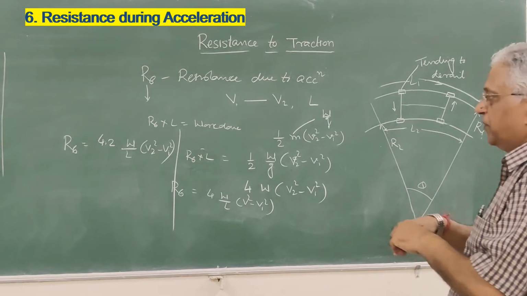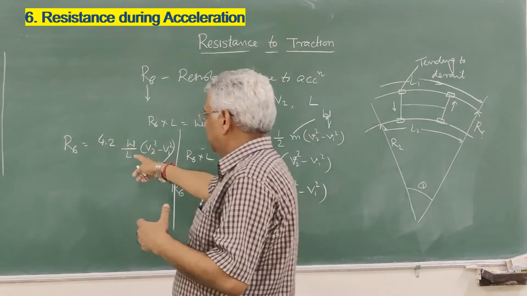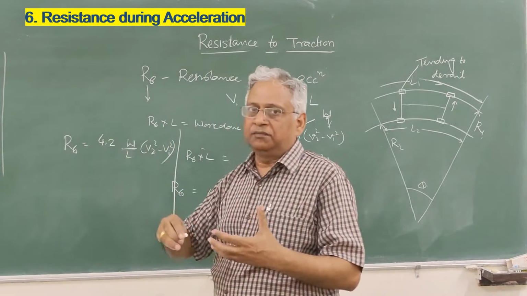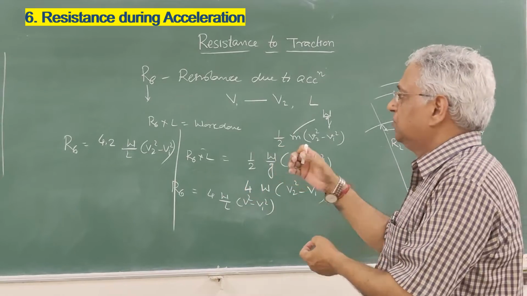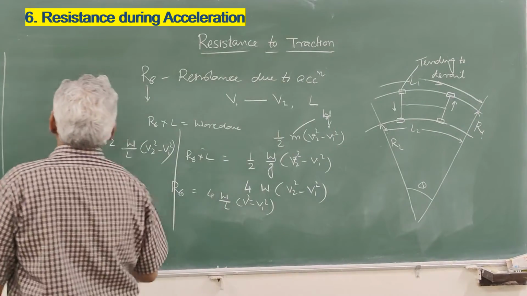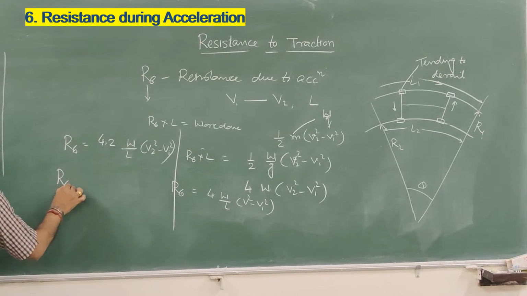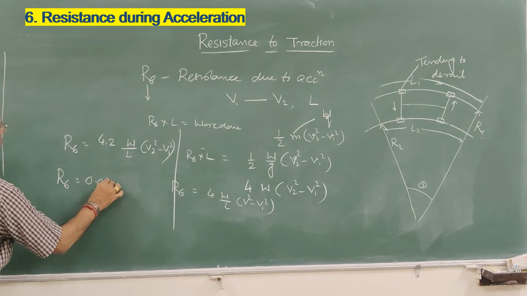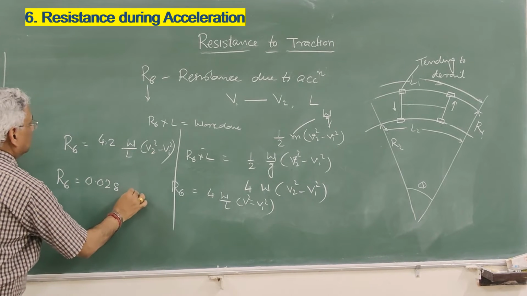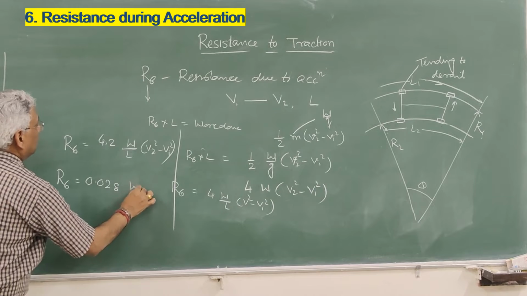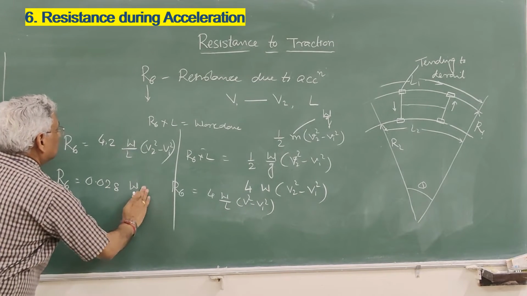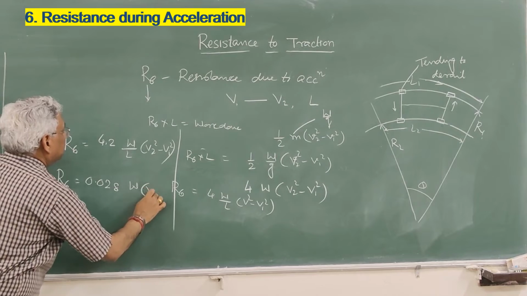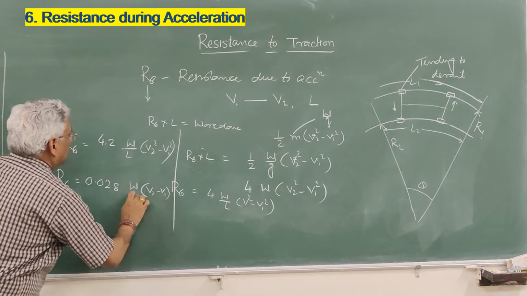Now similarly, if you know the time rather than the length, if the speed is increased from V1 to V2 in time t, then this equation would be R6 equals 0.028 W into V2 minus V1 upon t.